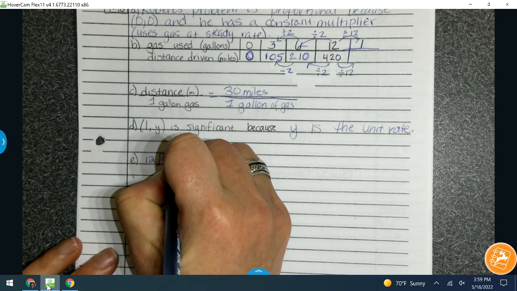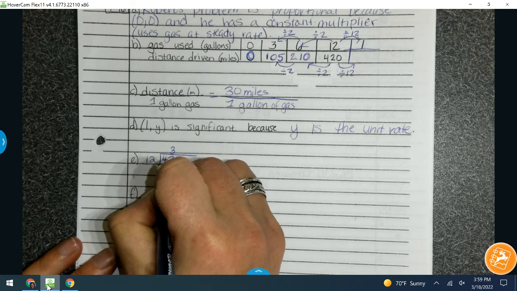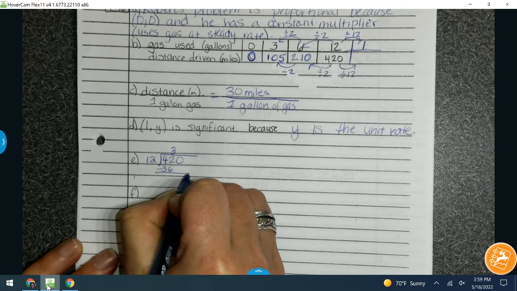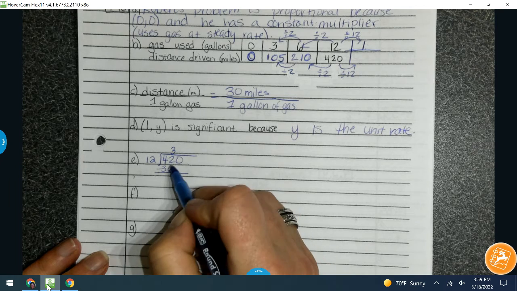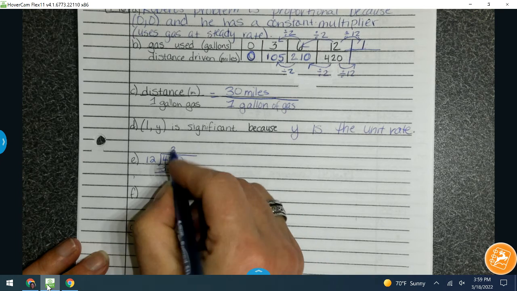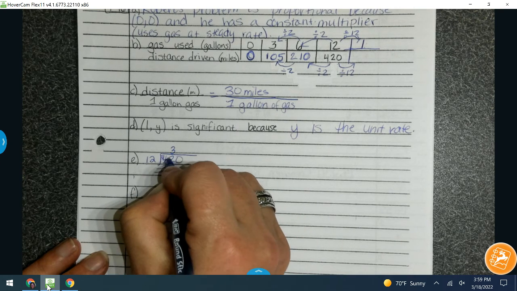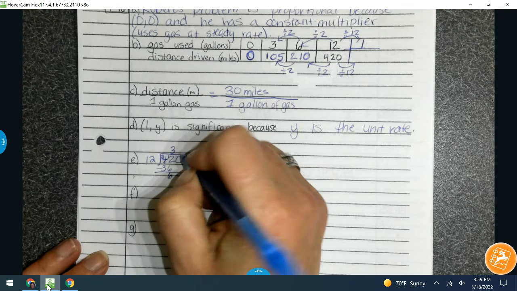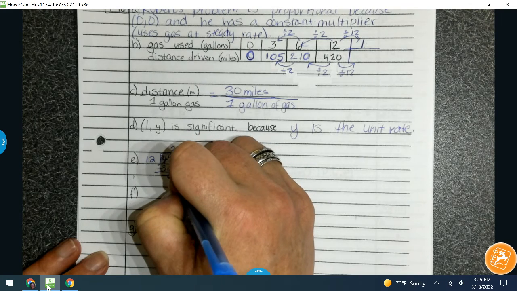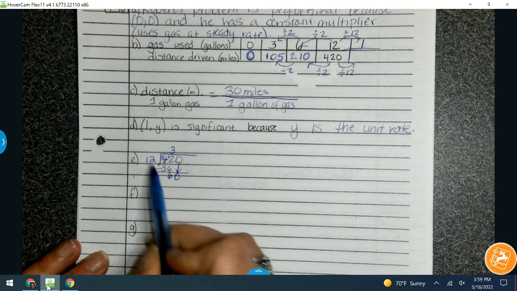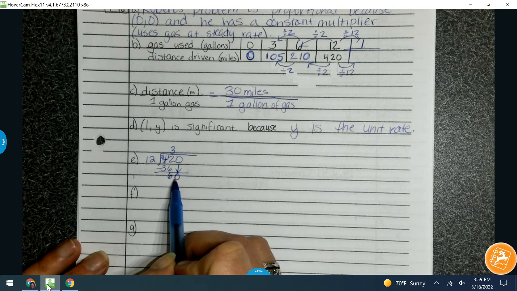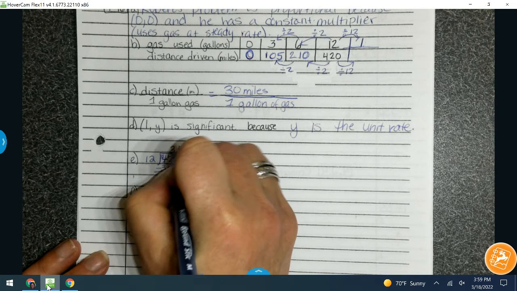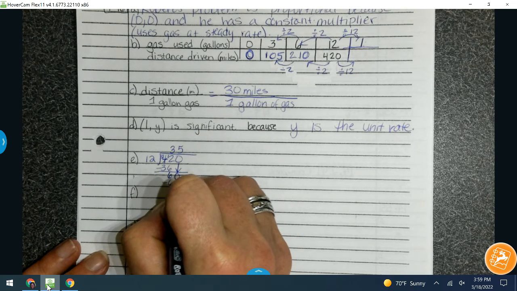So I see 3 of them. 3 times 12 is 36, and I'm going to subtract the difference. So I'm going to get 3 here, and so I'm going to have 6 right there. I'm going to bring down that 0. How many 12s are in 60? That would be 5. 5 times 12 is 60.